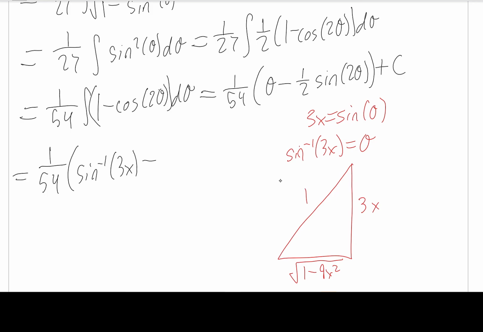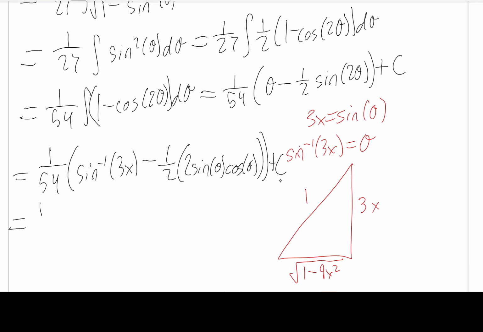What I'm going to do is, so we'll still have our 1/2, but I'm going to rewrite sine 2 theta using another one of our trig identities, which is that sine 2 theta is equal to 2 sine theta cosine theta, plus c.